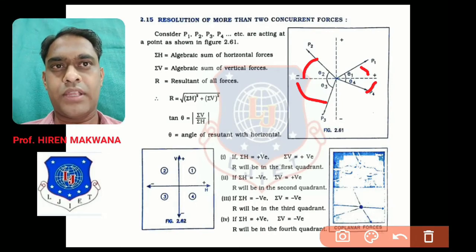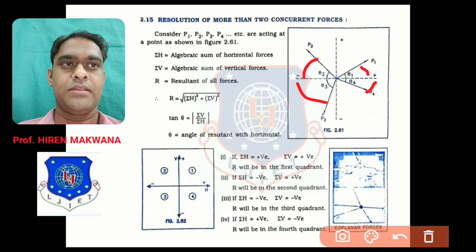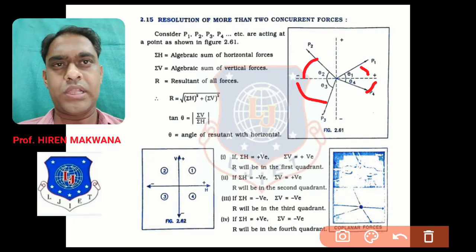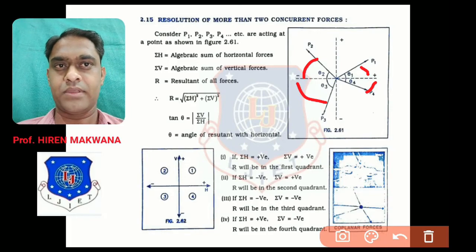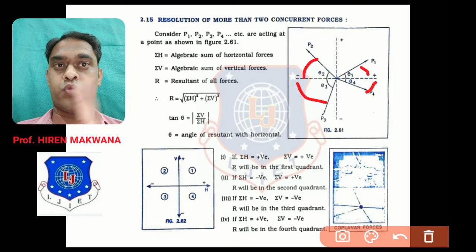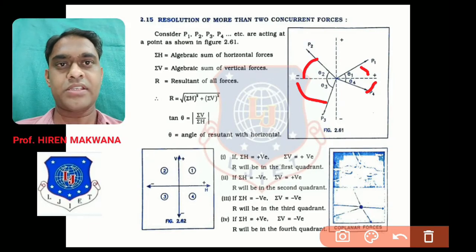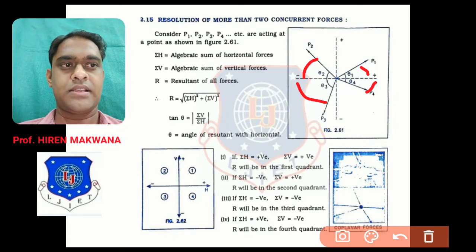You just notify all the things. Must remember, all the angles are with respect to x-axis only. There is no angle which is with respect to y-axis. Okay, each and every angle must be with respect to x-axis. Let us see what happens.